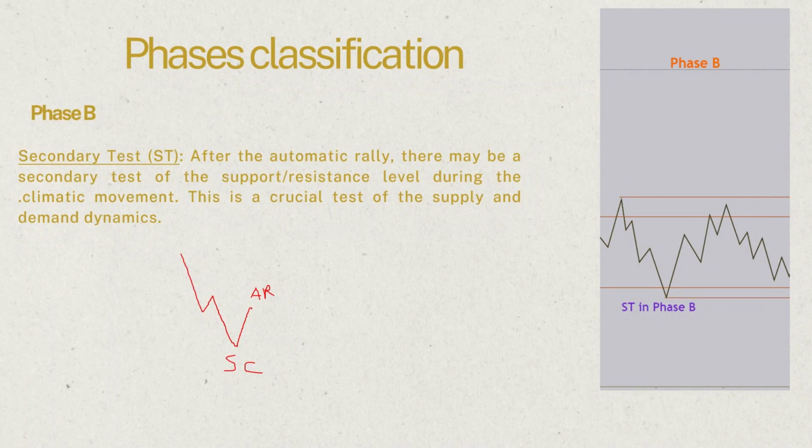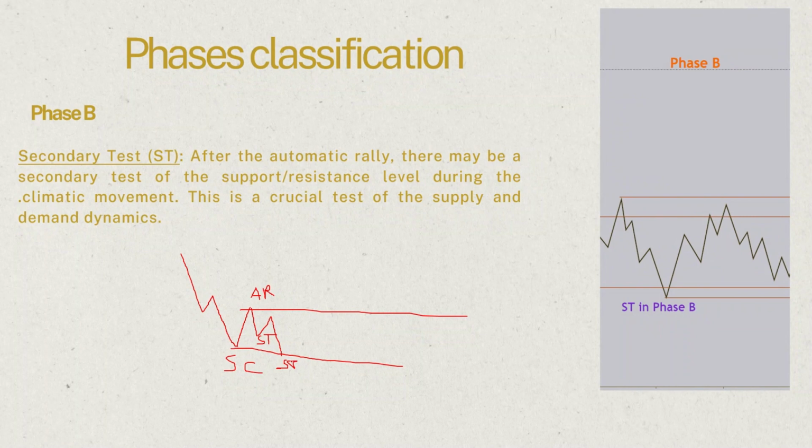Then you come back. Even though you didn't touch it, you have your secondary tests in phase A. Tests could be more than two, in fact. So this has given us the range. This also gives us the range. And then the market moves and then comes back here. This is a secondary test again.